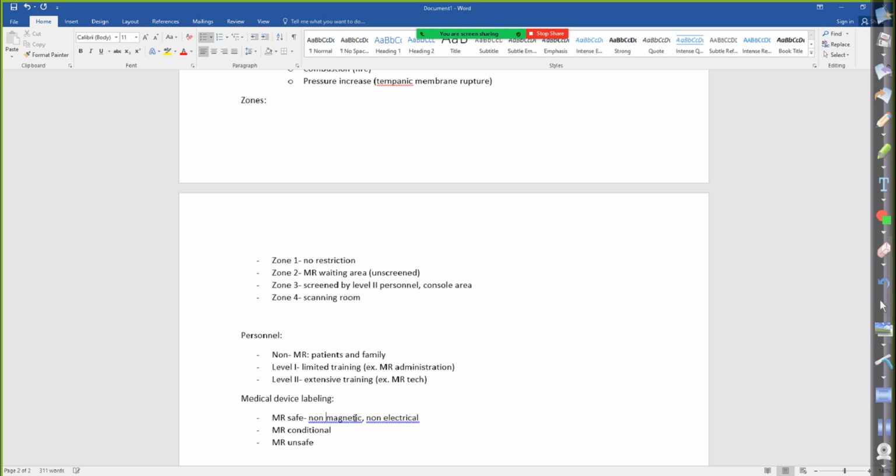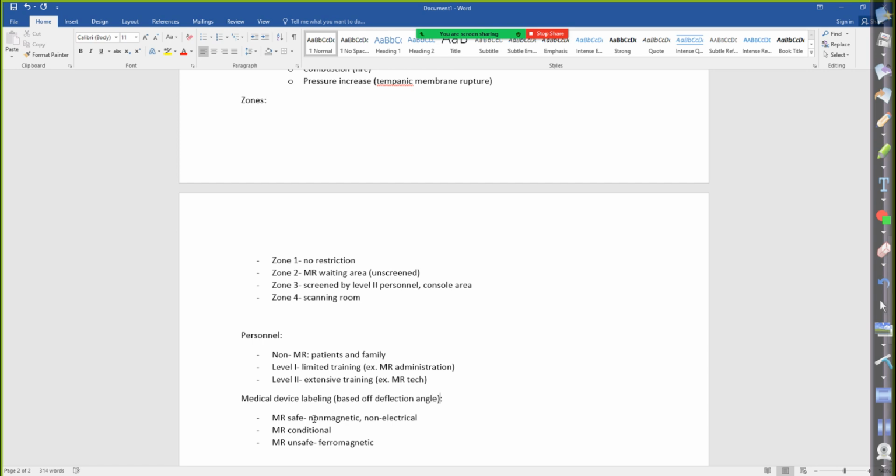Okay. Unsafe, ferromagnetic. Remember, these are all based off that what? What angle? Based off deflection angle.